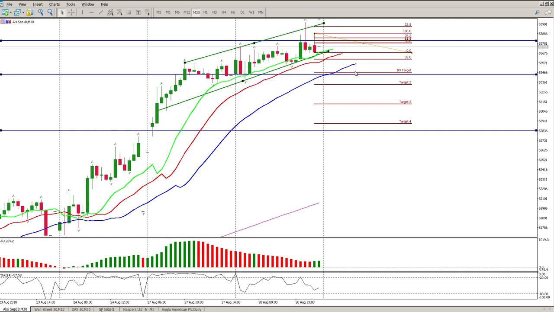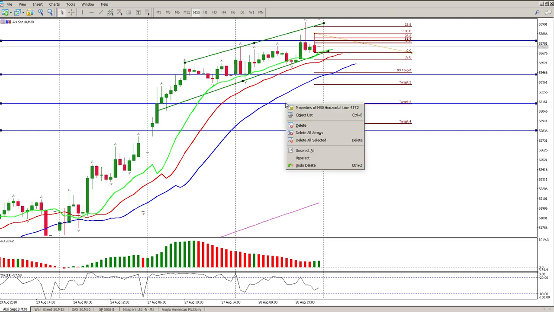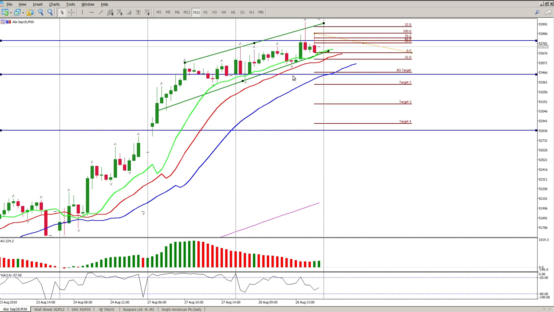Okay, if this fails, then obviously we're looking at the second level, and you can see this target number 2 lines up with these tails, and then worst case scenario would be going down to the bottom here. Okay, at which point I would be looking for longs again. Okay, so that's kind of my view on this at the moment.